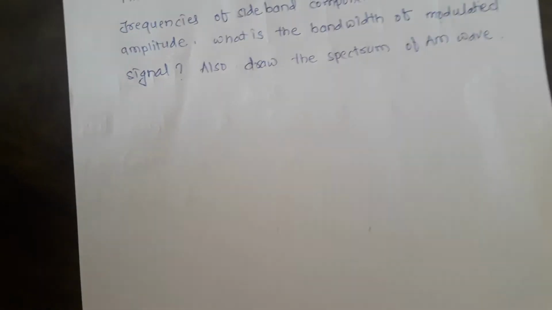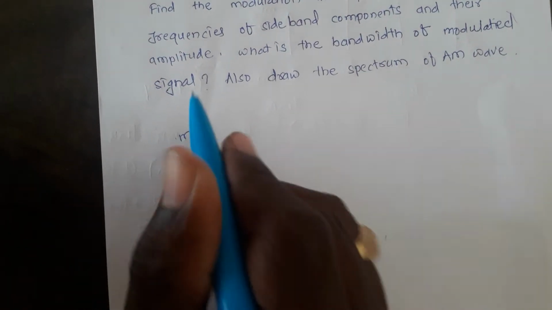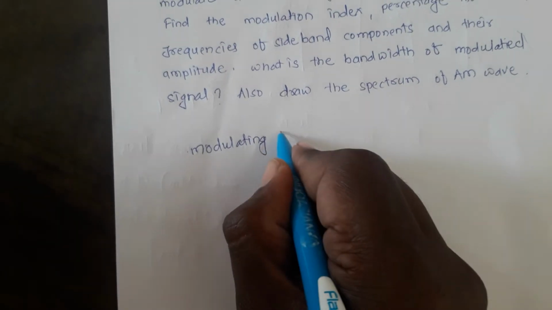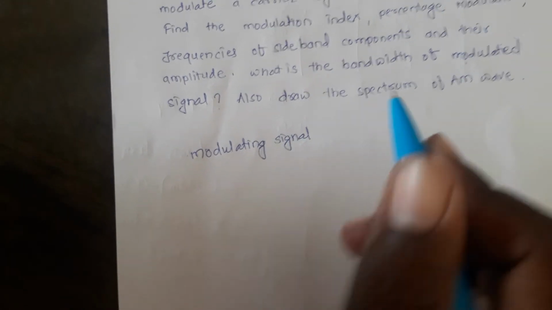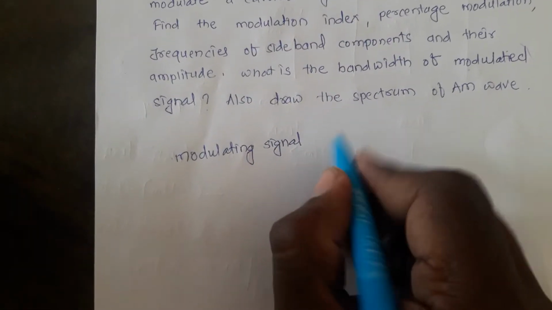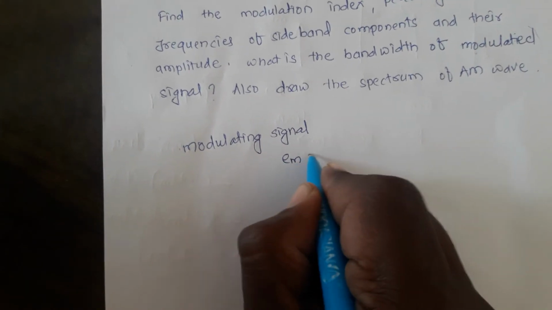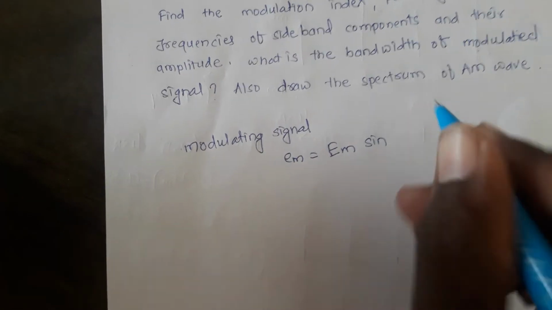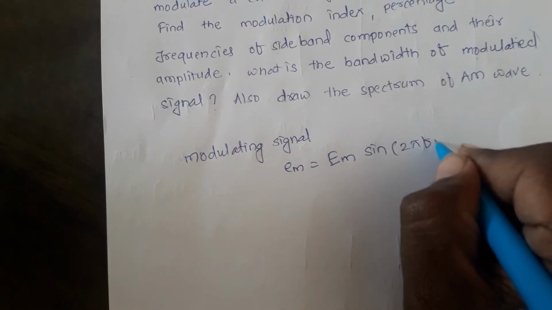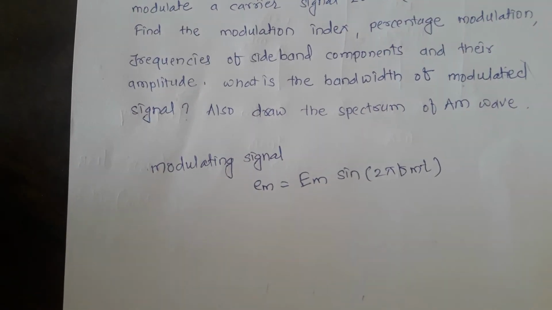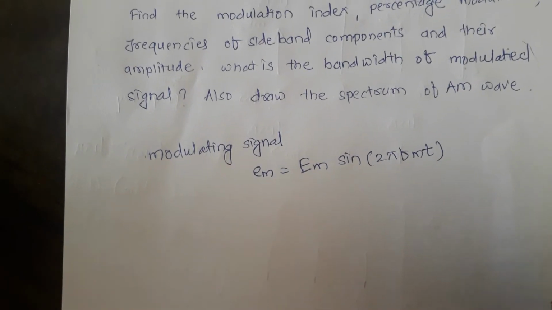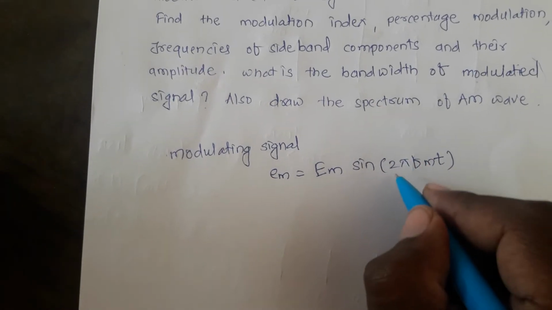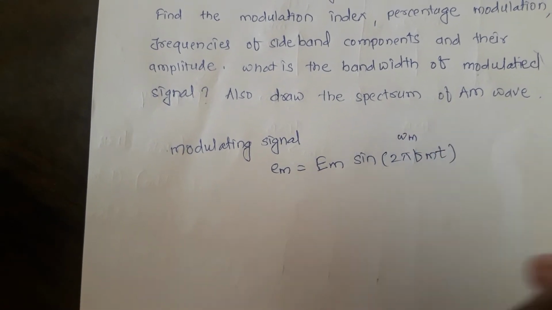First of all we see what information is given to us. For the modulating signal, as per the numerical statement, the modulating signal small em is capital Em sine 2 pi fmt. So it is the equation. We have also seen the derivation for the same. Here 2 pi fm is nothing but omega m, right?